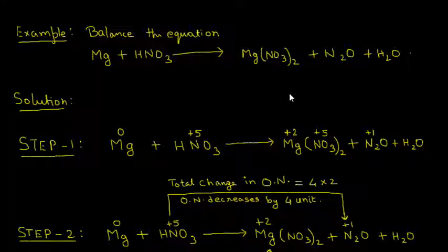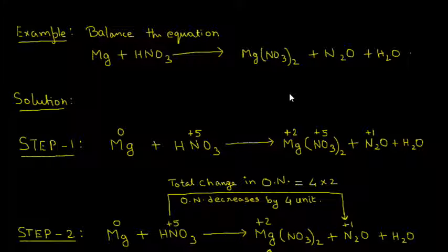Mg's oxidation number is 0, nitrogen's oxidation number in HNO3 is +5. In the product, Mg's oxidation number is +2, nitrogen's is +5, and in N2O it is +1.